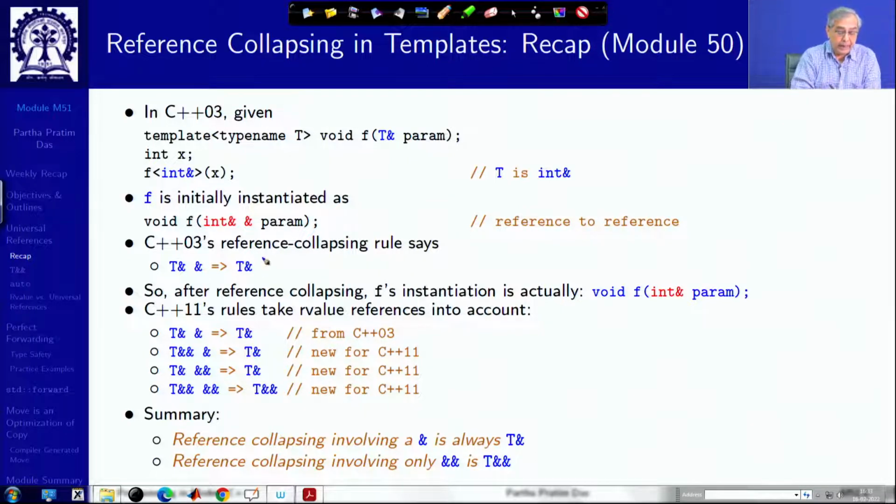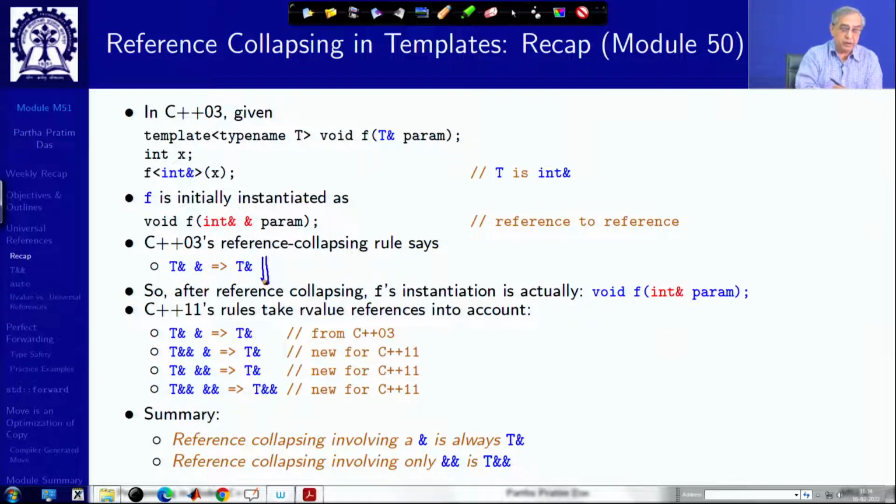In C++03, there was one reference collapsing rule, so that if you have T reference and another reference, then this will be collapsed to a single reference. Reference to reference does not make sense, it is reference to the original.